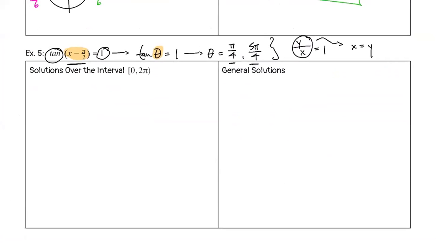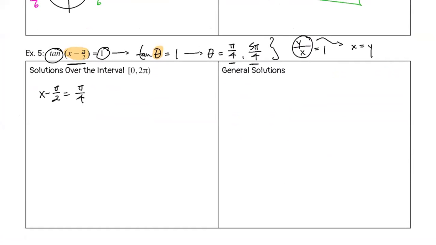Okay. If folks are still confused about the angle stuff, like how do you find tangent and some of the other ones, I would definitely recommend coming to office hours. But for right now, we are going to move on, okay? So when we're looking for these solutions over the interval 0 to 2 pi, what we're saying is we know that the thing in the orange has to equal pi over 4.